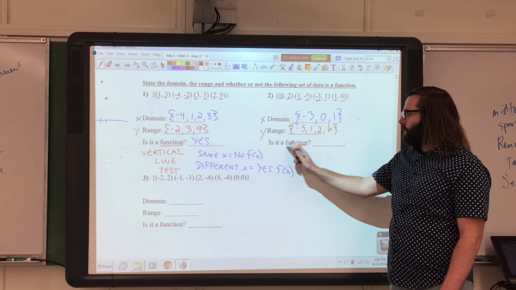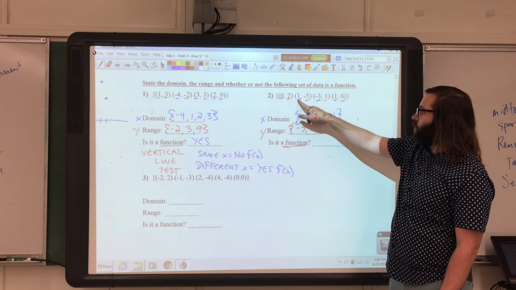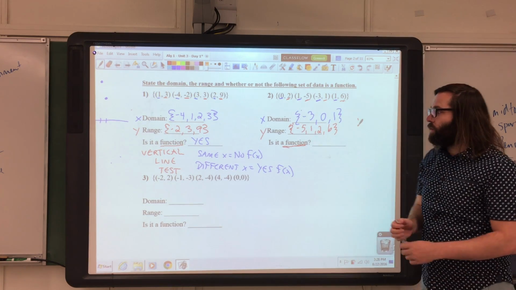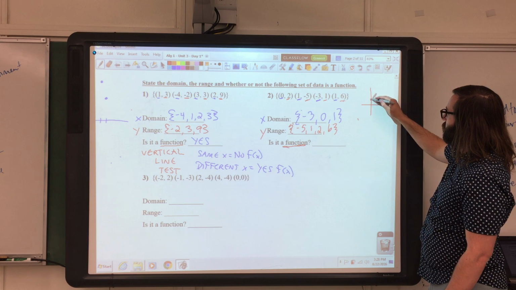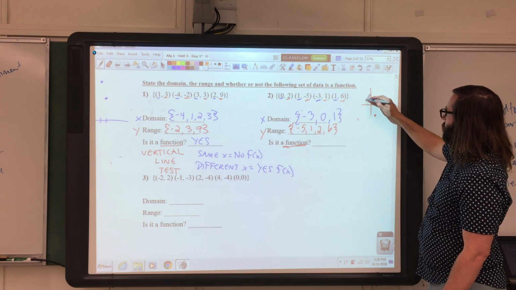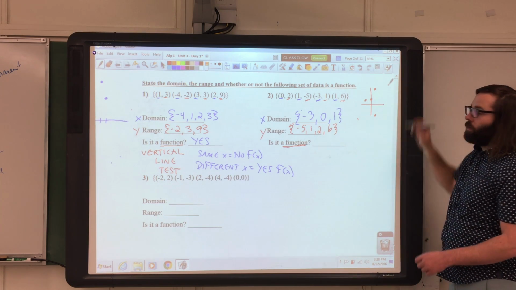Okay? Is it a function? Let's look. X, we have 1, ooh. We have 2 of the same x's. Which means if we drew this, we'd have 0, 2, 1, -5, -3, 1, 1, 6. Something like that.